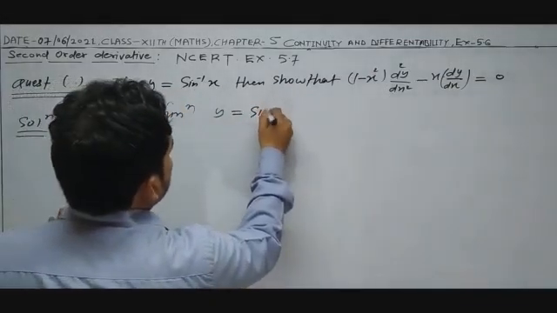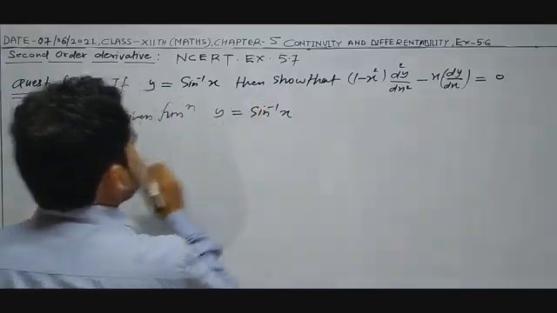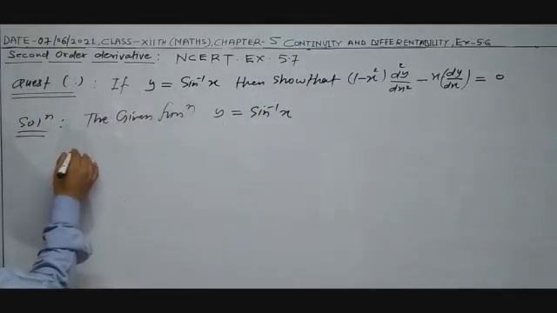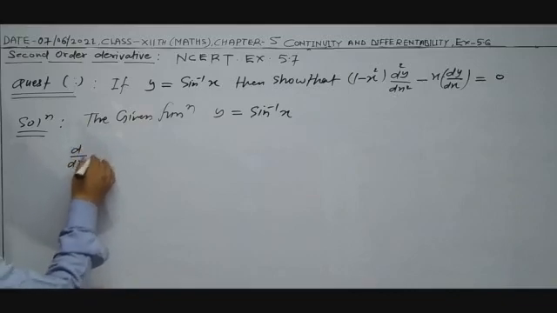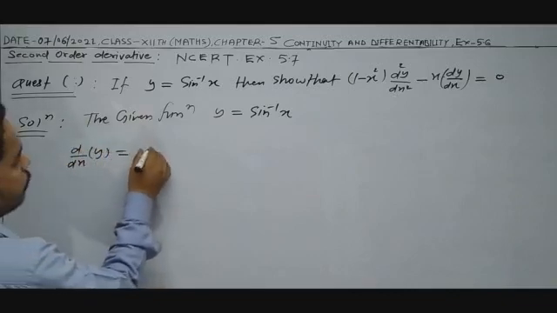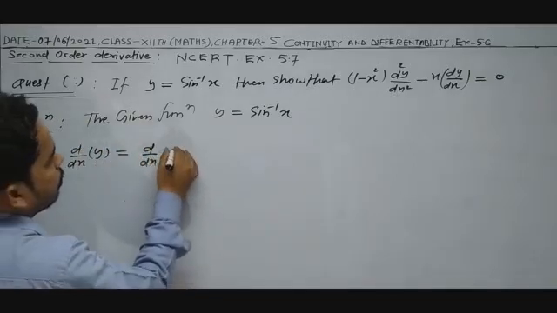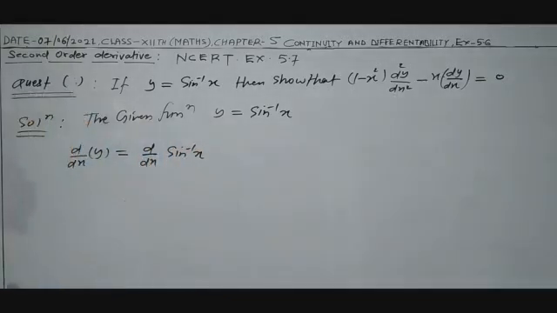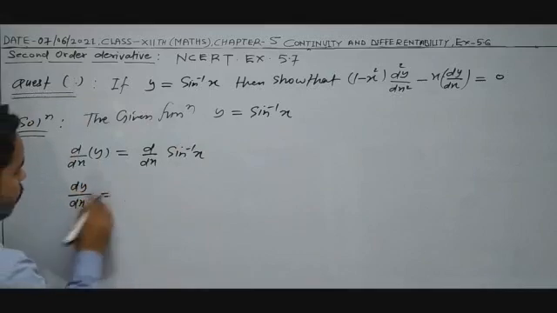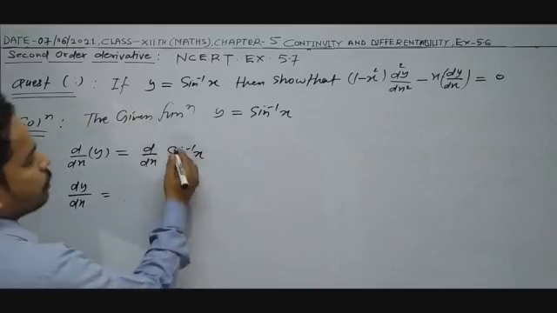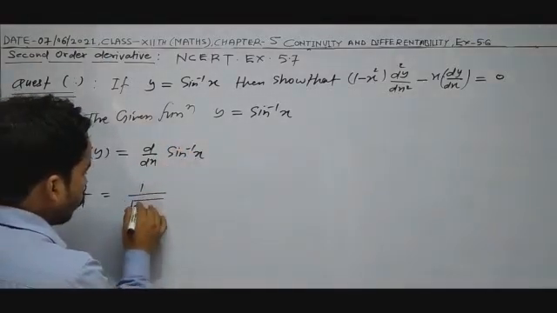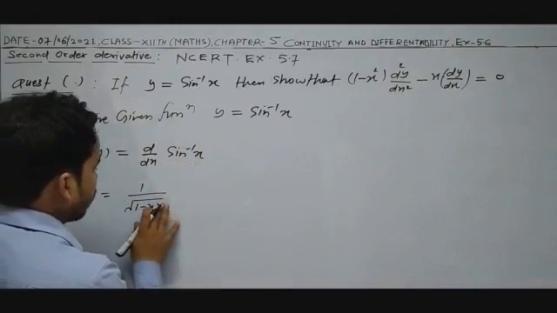So see, the given function y is equal to sin inverse x. So differentiate this function with respect to x. So d by dx of y, the result will be d by dx of sin inverse x. This implies dy by dx is equal to 1 upon root over 1 minus x square.